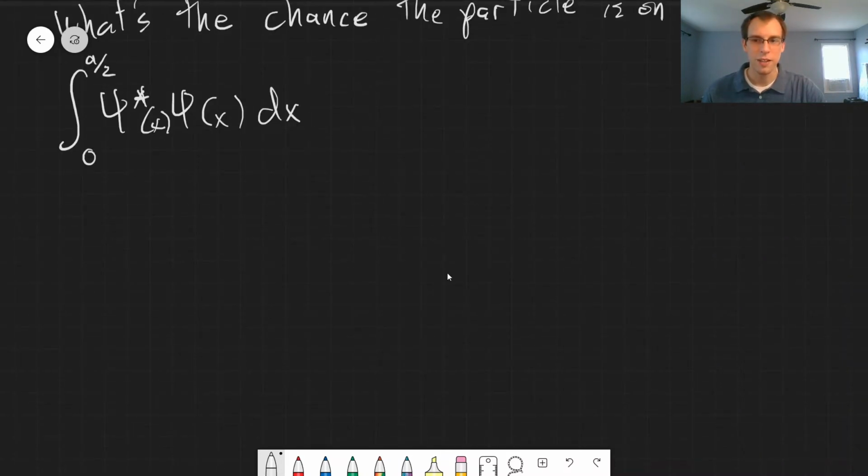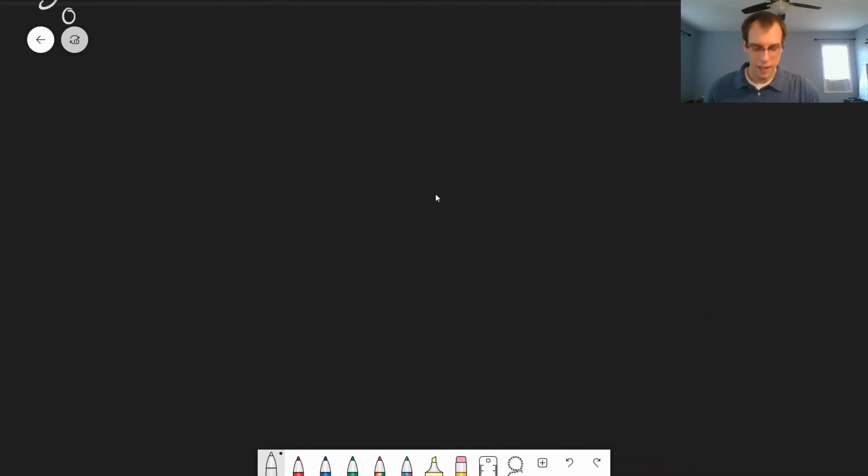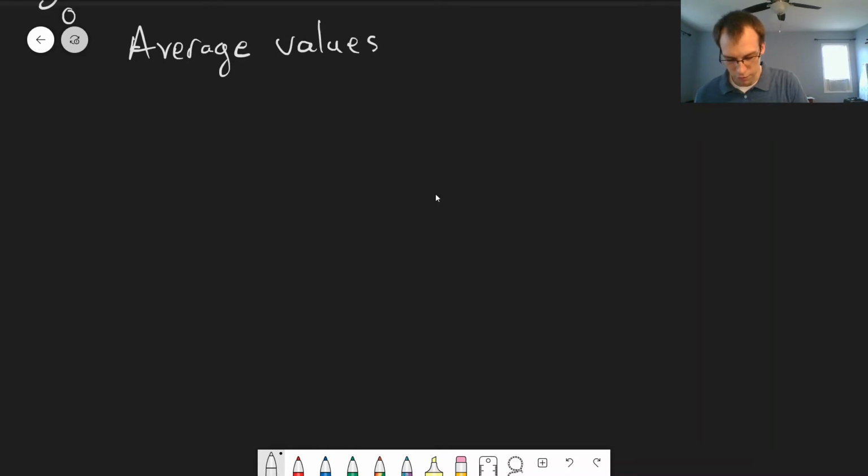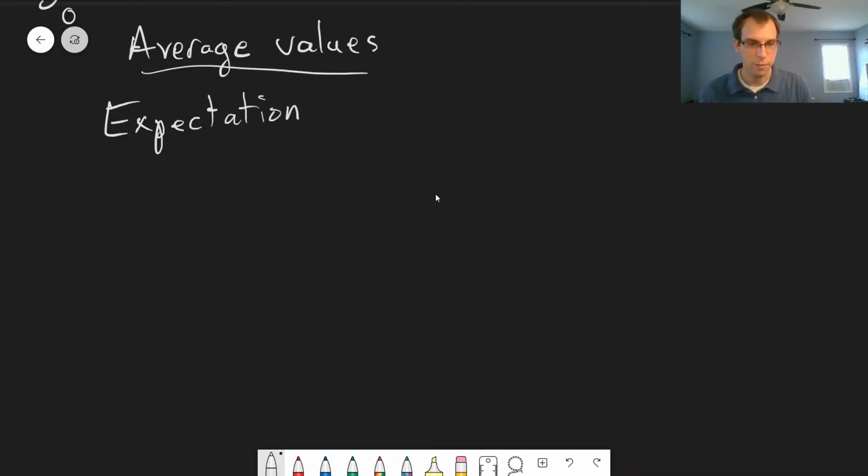Another question we can answer is we can find average values for things that we can observe about the system. So for example, we'll introduce this idea of what's called an expectation value. We'll talk about this more in the next chapter as we go over the postulates of quantum mechanics in general.